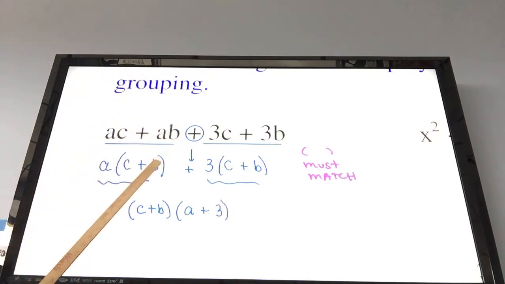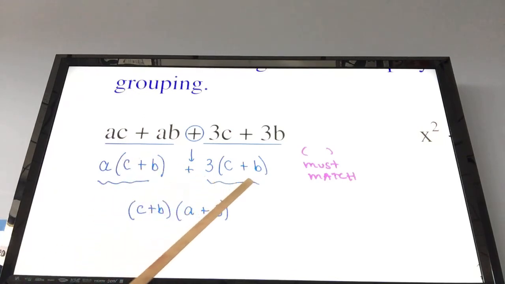So once I take my common factor of this quantity out, what you have left on the outsides makes up your other parentheses, or what's left after you divide the C plus B in. It's possible sometimes that you can factor more, so always look for that difference of squares. This one doesn't have it, but it's possible to have it. That's my final answer.